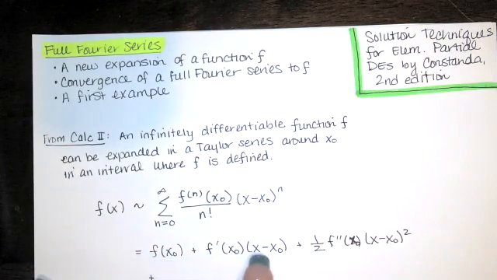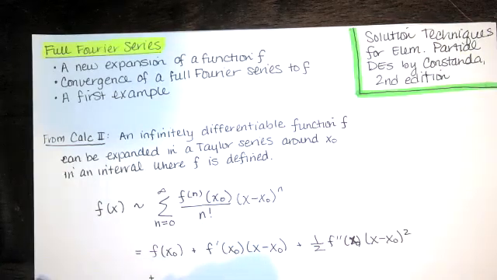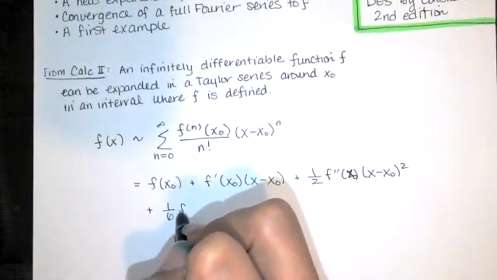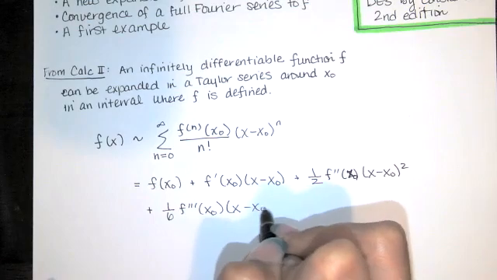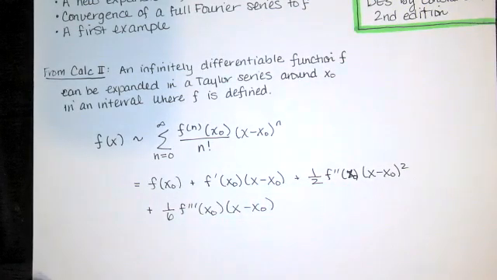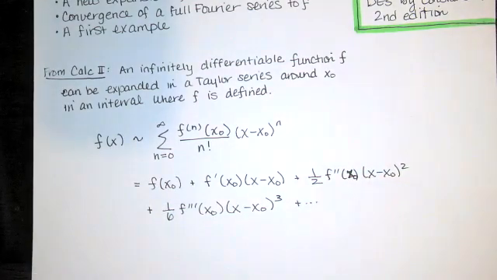So this is n equals 0, n equals 1, n equals 2. When n equals 3, we'll have 1 over 3 factorial. 3 factorial is 3 times 2 times 1, so we'll have a 1/6 there. We'll have the third derivative evaluated at x0 times x minus x0 to the third, and you continue in this way for a long time.